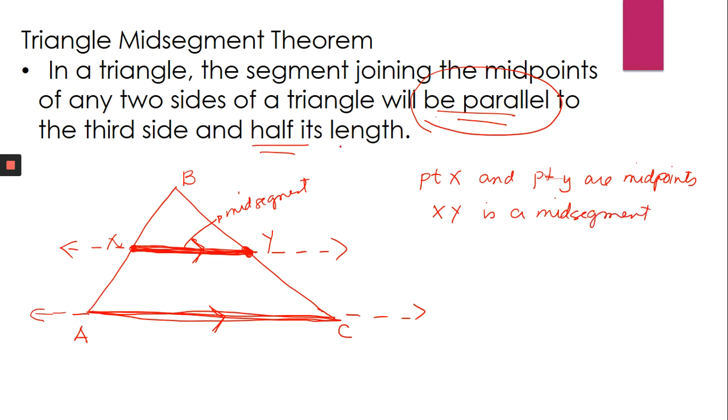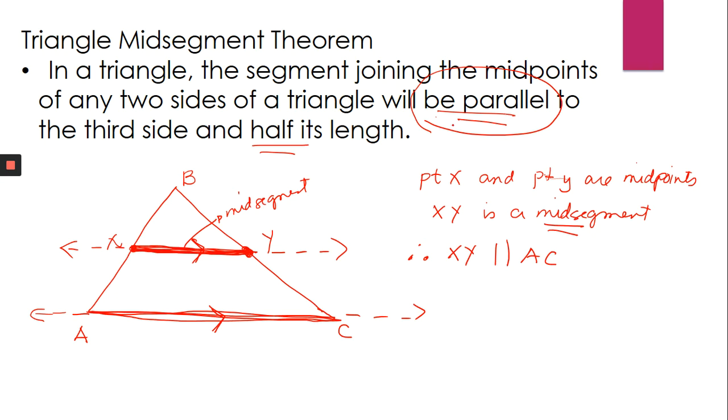Now, based on the theorem, the mid-segment is parallel to the third side. So I can say that XY is parallel to AC. Right? So, therefore, XY is parallel to AC.